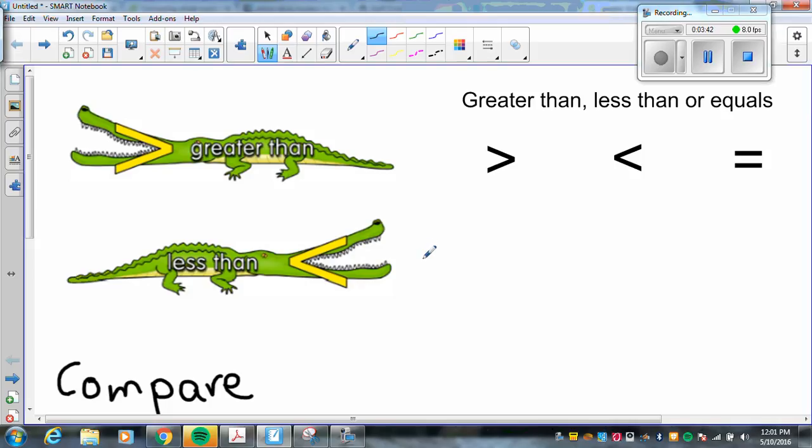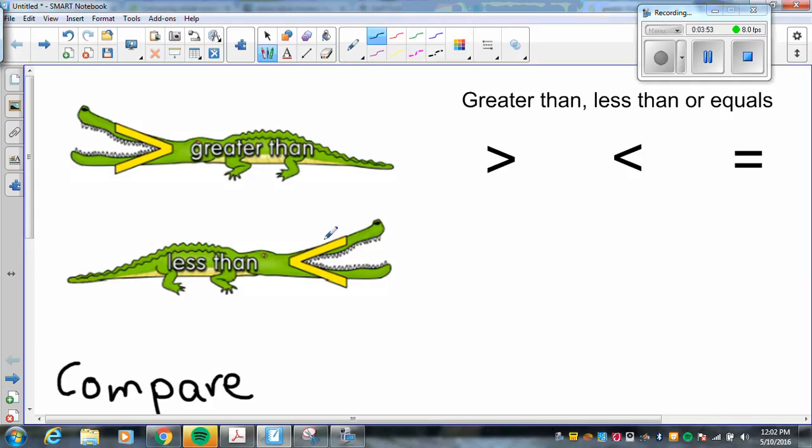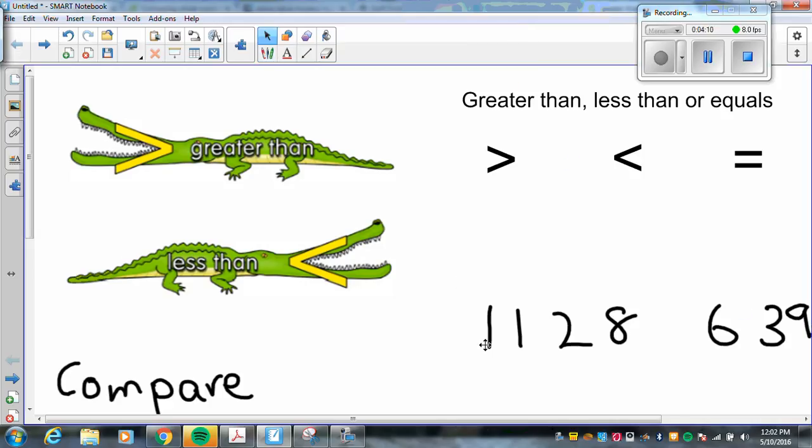So if I had 1,128 over here, and 639 here. Now, we could say, well, look, the 1 is less than the 6.